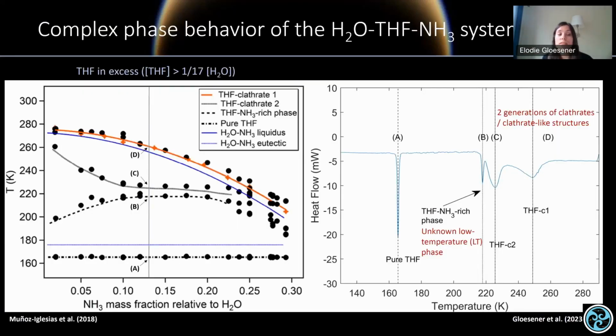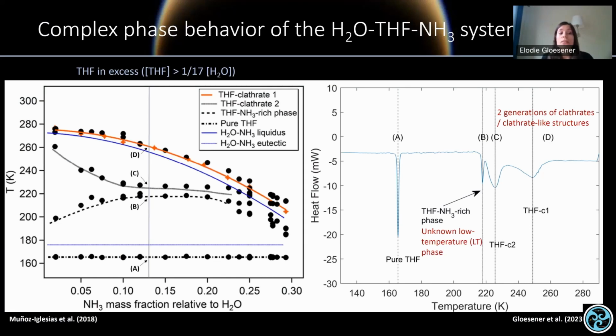First, we studied the phase behavior of THF clathrates with ammonia. THF stands for tetrahydrofuran. It's a well-known clathrate former of structure 2, where THF molecules only occupy the large cages of the structure. And unlike methane clathrates that need high pressure to crystallize, THF clathrate can crystallize at atmospheric pressure at temperatures lower than 277 Kelvin.